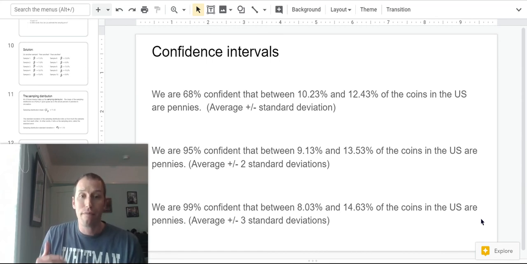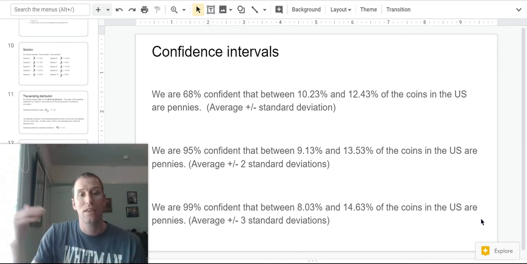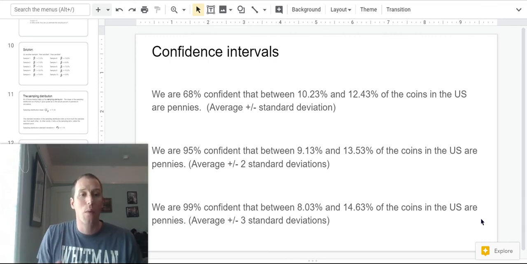We can say with 95% confidence that it's between 9.13 and 13.53. We can say with 99% confidence it's between 8.04 and 14.63. That's the mean plus or minus 3 standard deviations. So that's how we can actually state the degree of certainty we have in our conclusion.